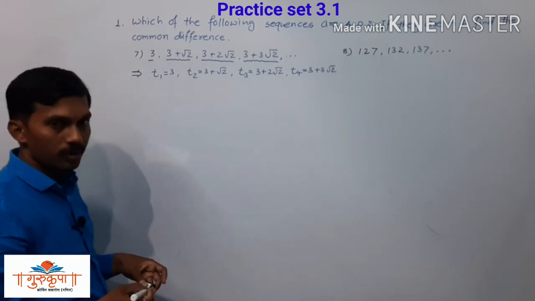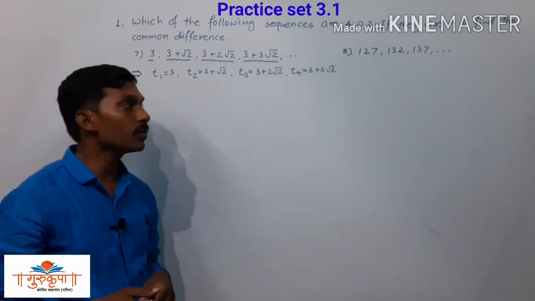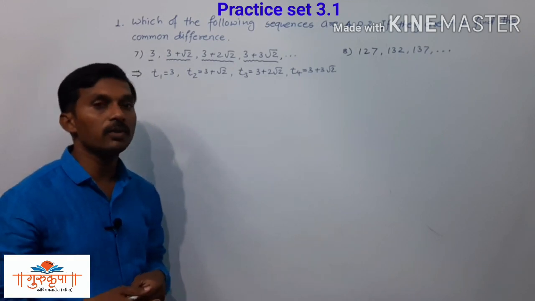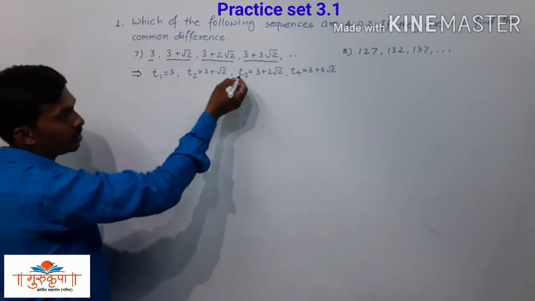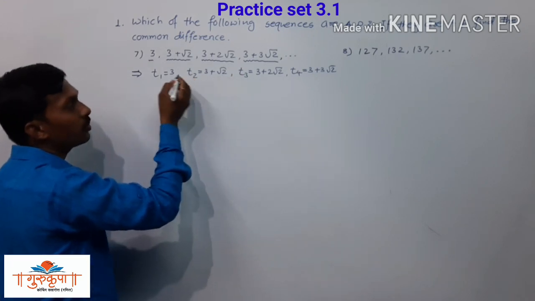We have given the four terms T1, T2, T3 and T4. Now here we have to find the common difference between any two consecutive terms, that is T4 minus T3, T3 minus T2 and T2 minus T1.